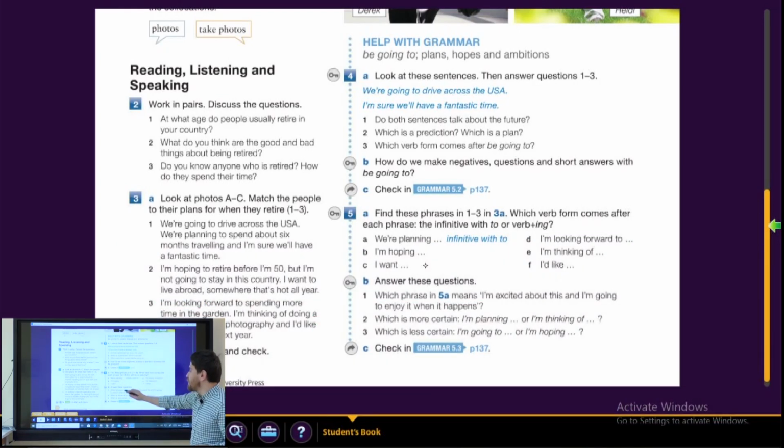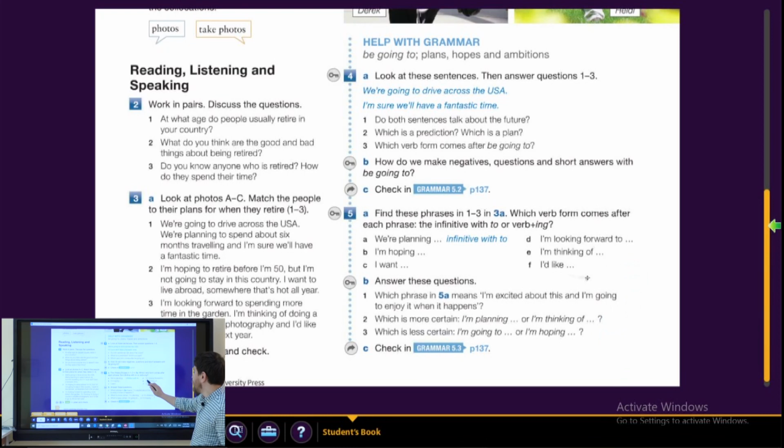And number 3, C, I want, followed by to infinitive. I want to live abroad. Like, I want to live with my family, for example. I want to live in the city. Where do you want to live when you retire?